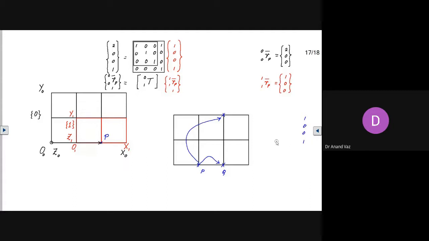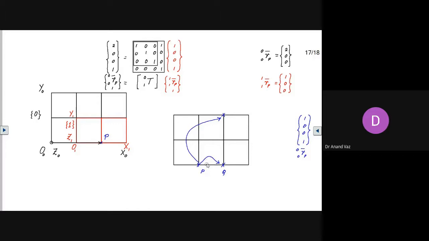This is the position of the point P. Now I'm not writing it in terms of a red frame; let's say we have everything in terms of frame 0 only. But I want to shift it from here to here. So I can treat it as if I'm shifting the frame itself.